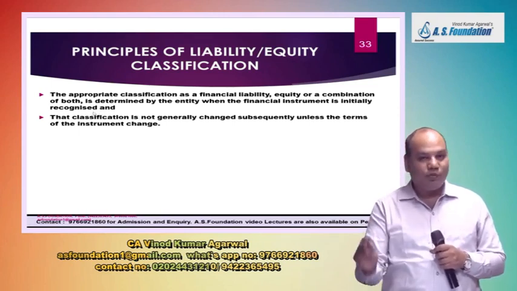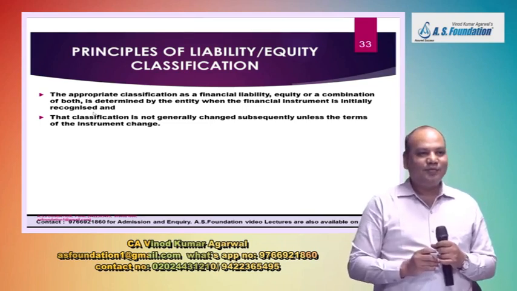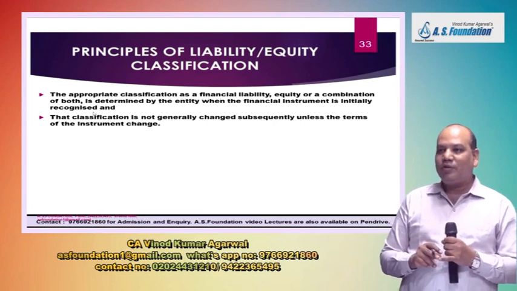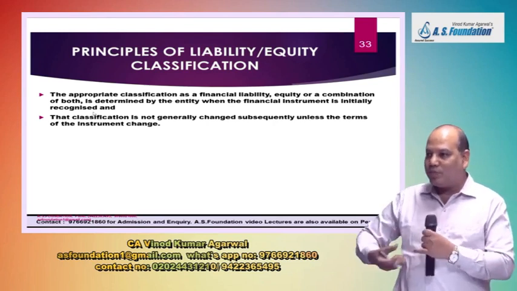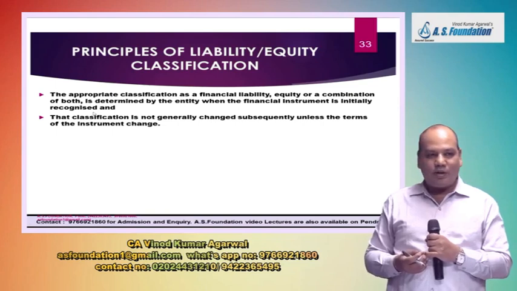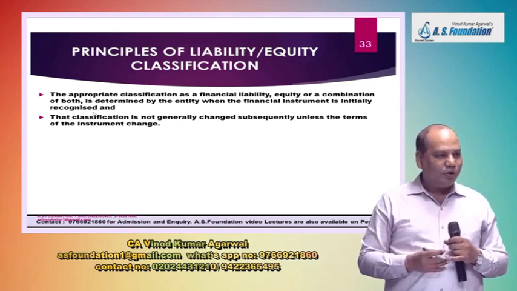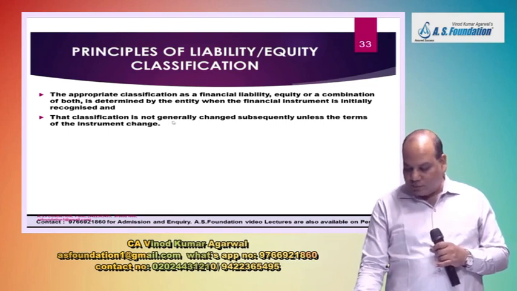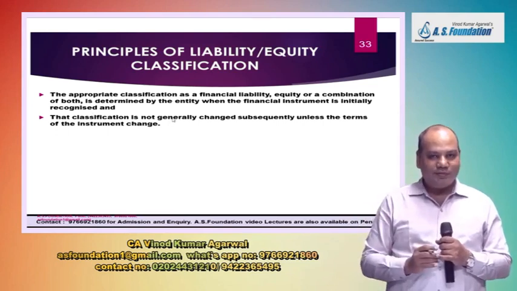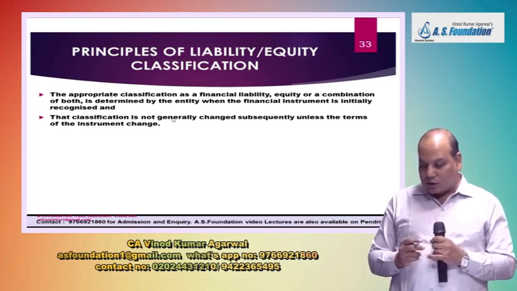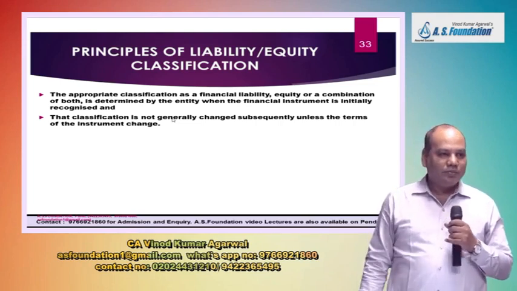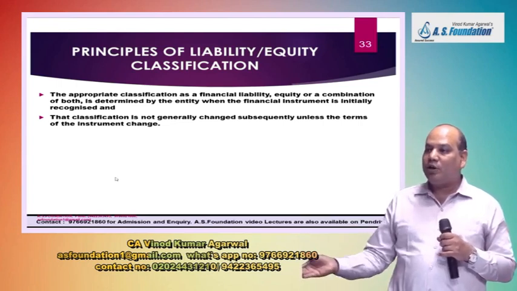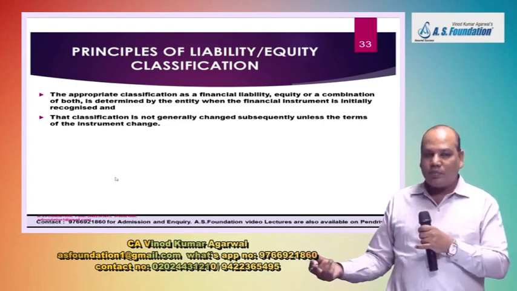So on day one only you have to decide what is that instrument: equity, liability, or combination, meaning some portion is equity and some liability, like a compound instrument, convertible debenture. The classification is usually not changed unless the terms of the instrument change. So normally we will not change the classification from liability to equity or equity to liability.